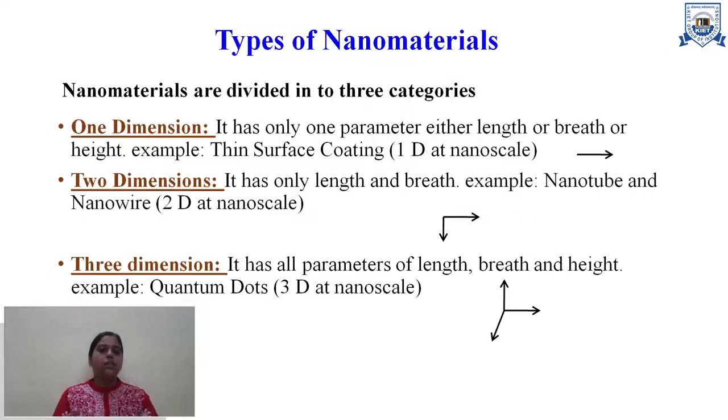For example, thin layer coatings and surface coatings are examples of 1D nanoscale. 2 dimensions has only length and breadth. For example, nanotubes and nanowires, that is 2D at nanoscale. 3 dimension has all the parameters, that is length, breadth and height. For example, quantum dots, and these are the nanoparticles.